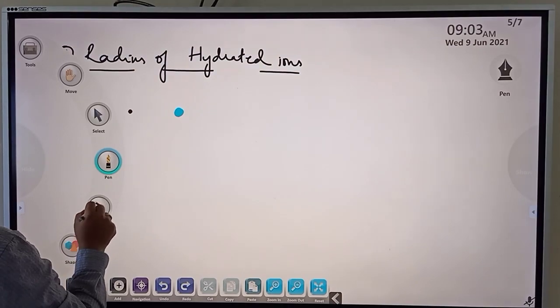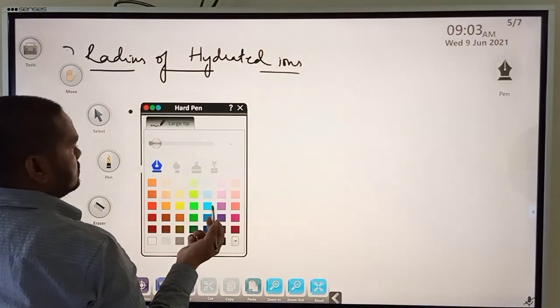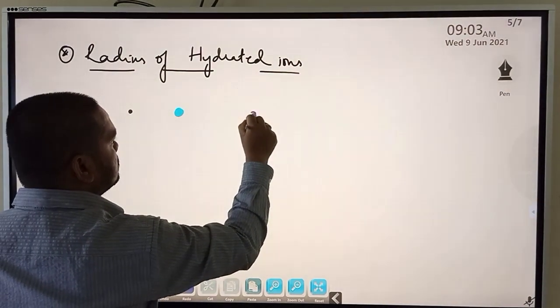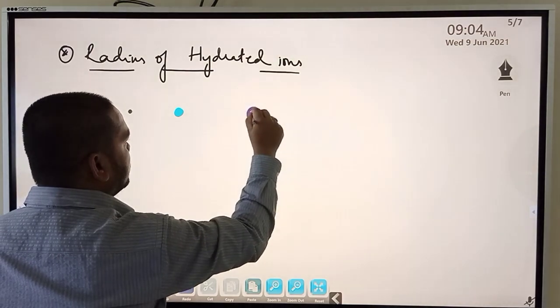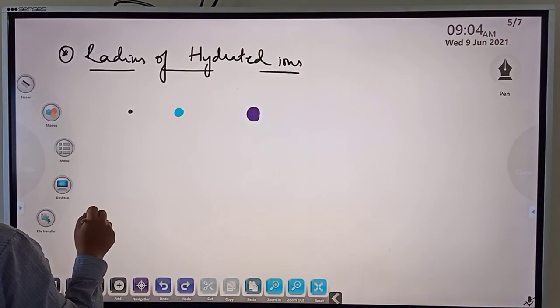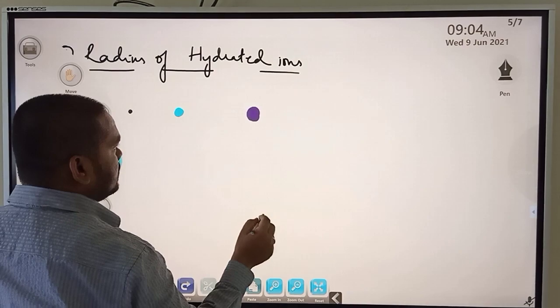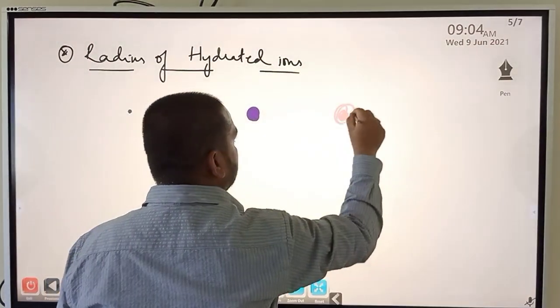I have another color, let's say potassium, violet, a little bigger than sodium, and pink, still bigger.